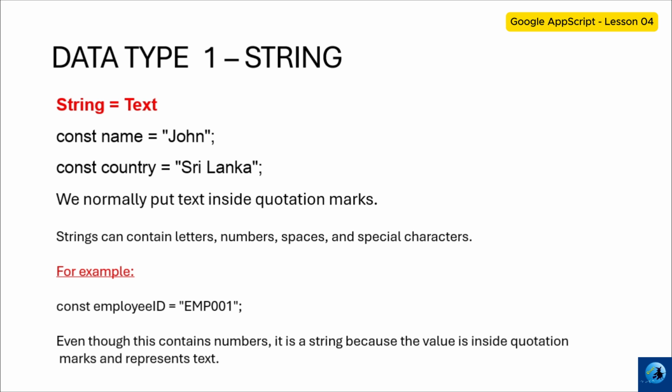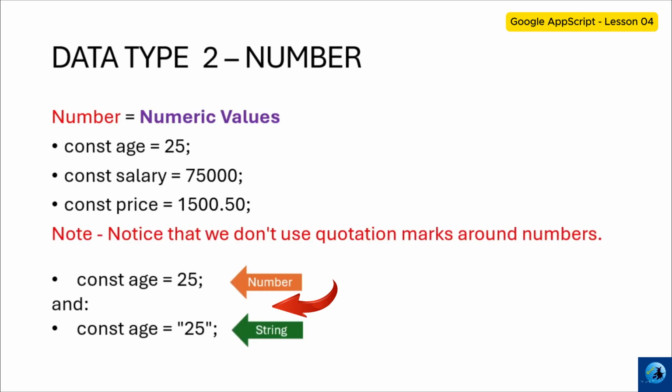Strings can contain letters, numbers, spaces and special characters. For example, look at this one. Here we have created a variable called employee ID and we have assigned the value EMP001. We have written that within inverted commas. Even though this contains numbers, it is a string because the value is inside quotation marks and represents text.